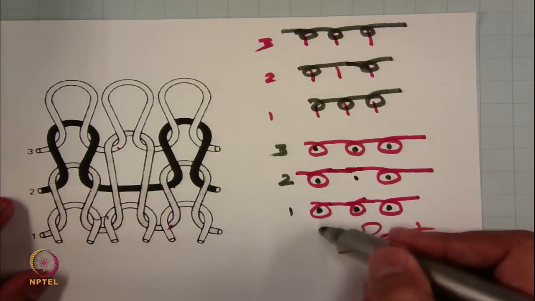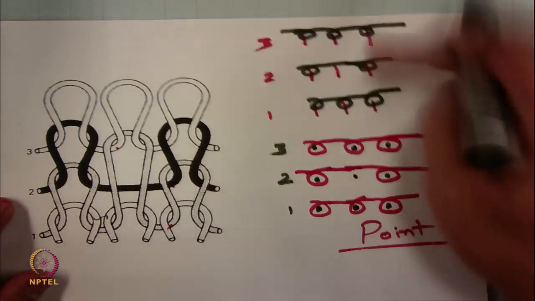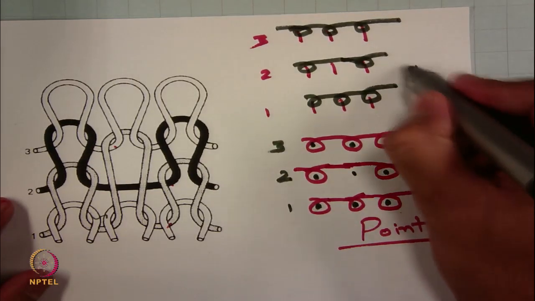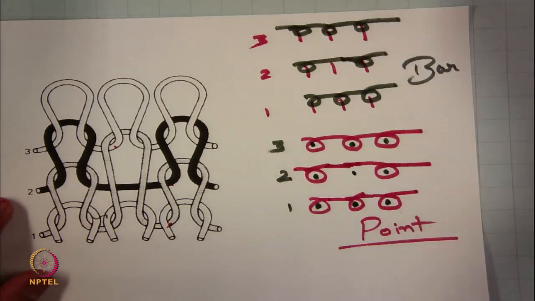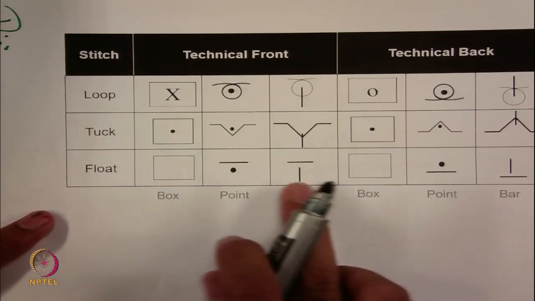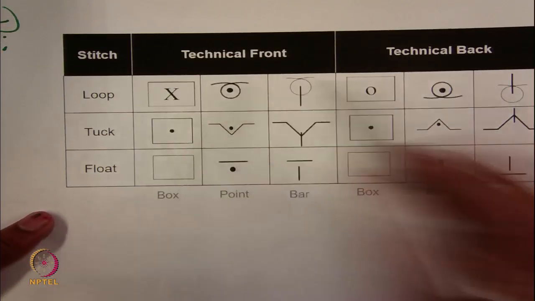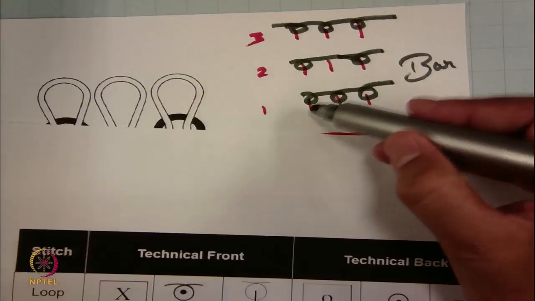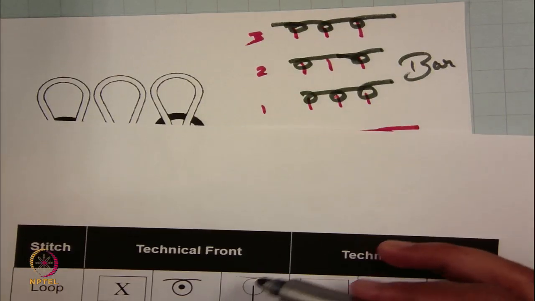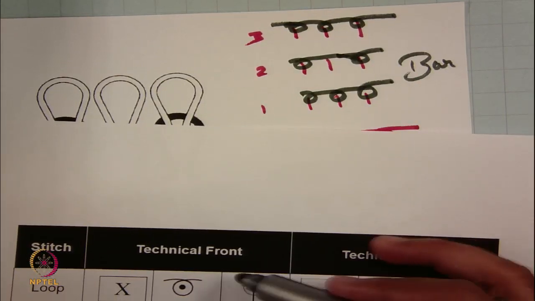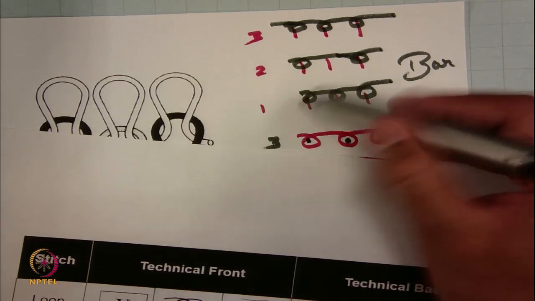So, simply if you can project these needles, these two are almost similar. So, this is the bar diagram. If you see the bar diagram, this is how a technical front loop looks. So, this is the bar and this is how you represent a loop in a technical front position. This is how you represent the bar diagram.